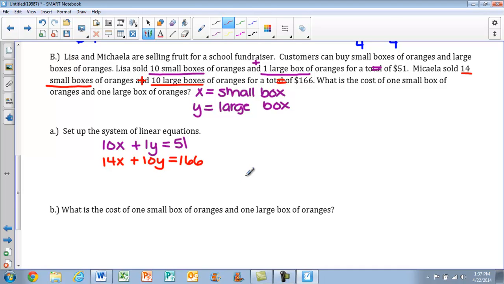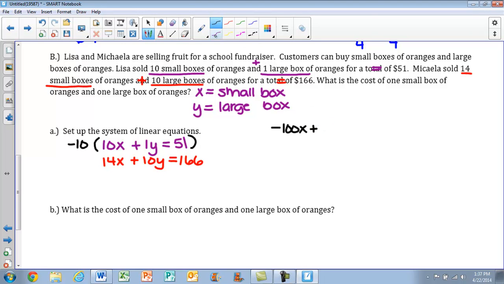So again, if you notice, your equations are already in standard form. So we are going to solve using elimination again. The easiest thing here to eliminate would be my y's, because I would only have to multiply my top equation by negative 10. So when I rewrite here, I'm going to have negative 100x.